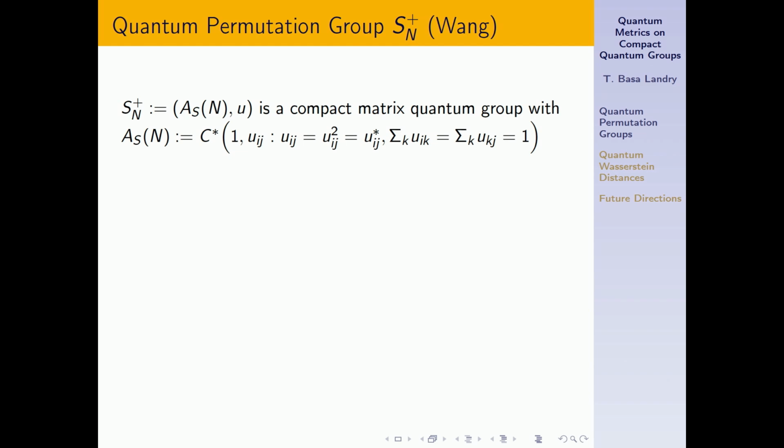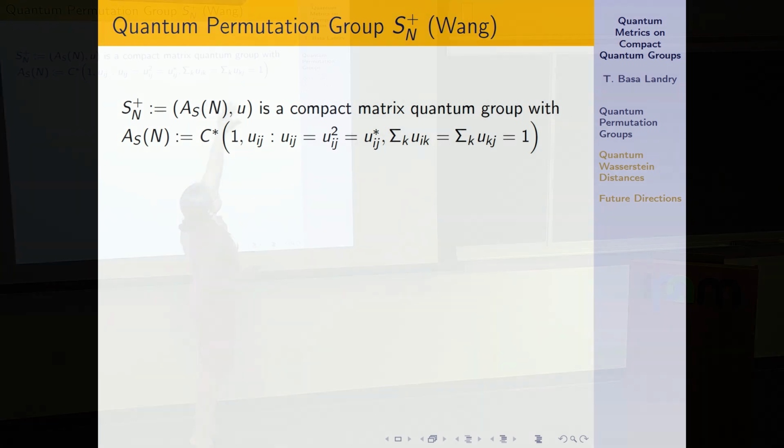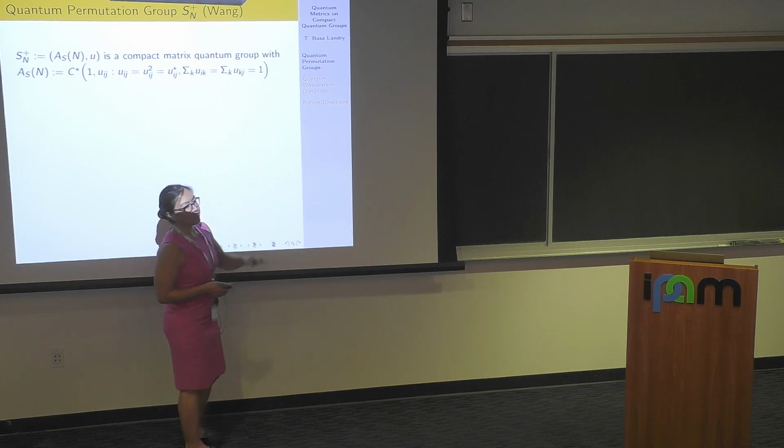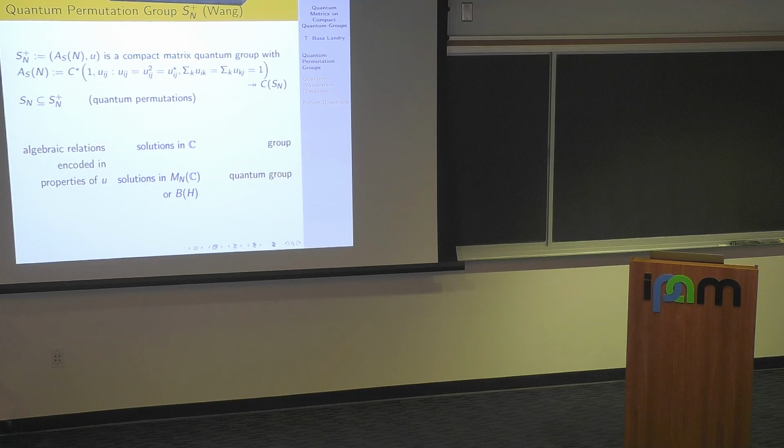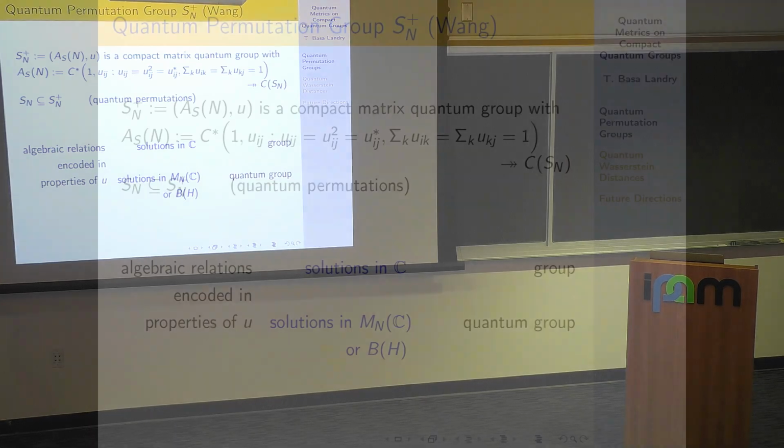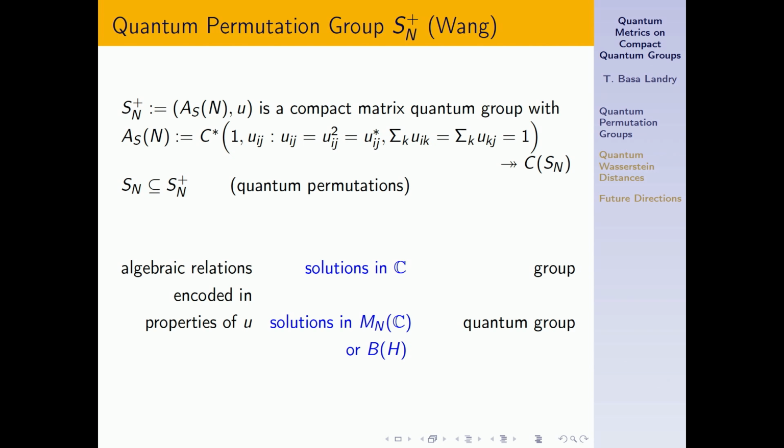And so in the more general setting, these relations might be a little different. And again, what is really nice about the quantum permutations is that they aren't just some abstract thing that hovers outside of the classical world, the classical world is contained in the quantum world.